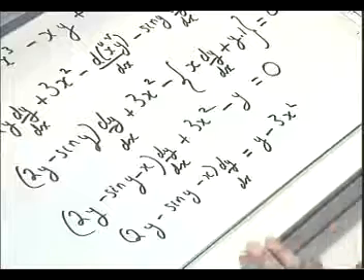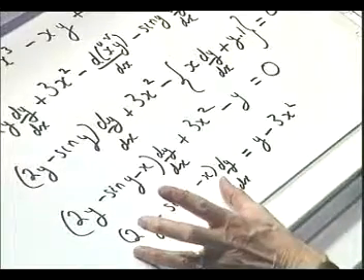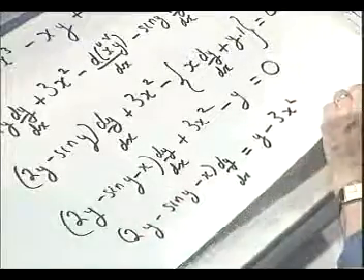And now it's clear how we would finish this off. We would take this factor here and divide both sides by it.